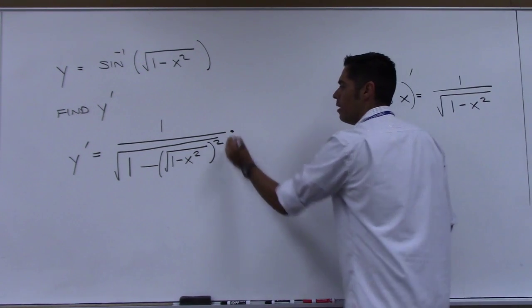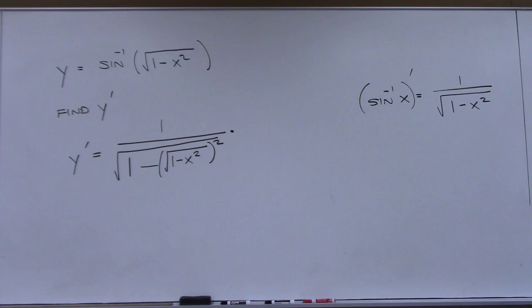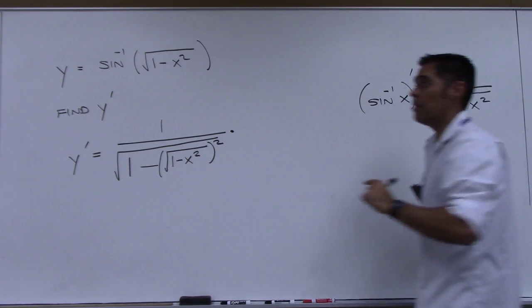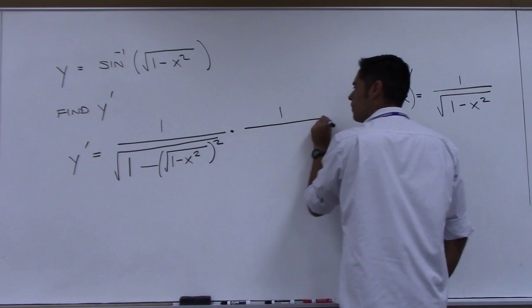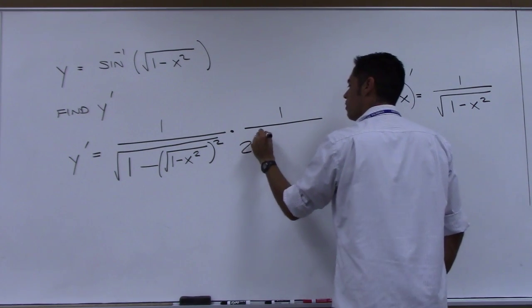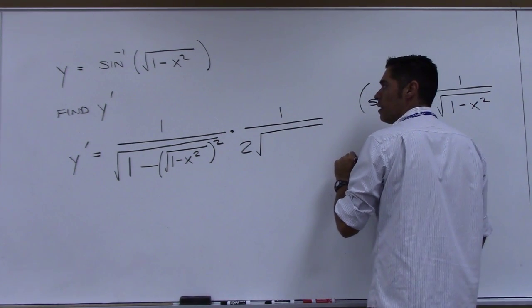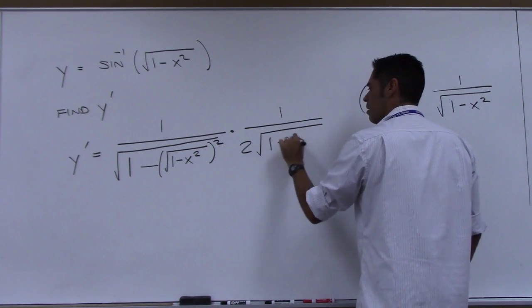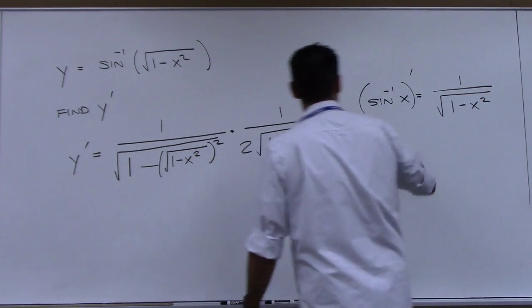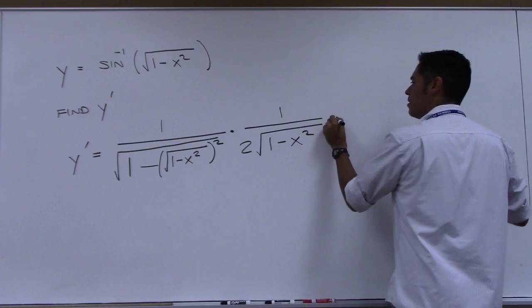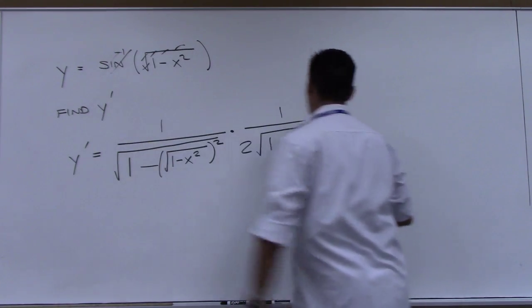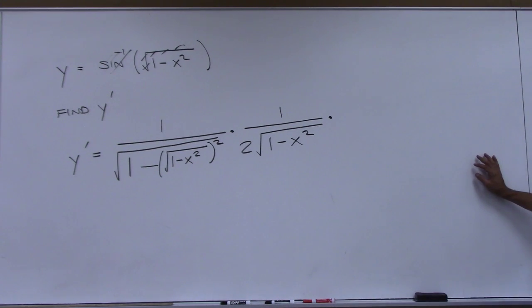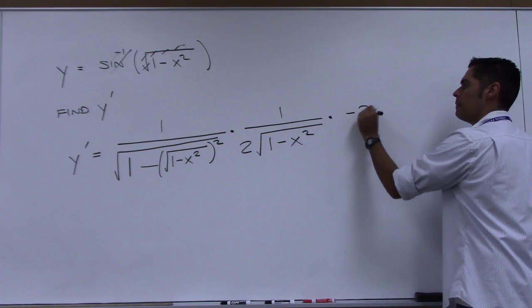Times, now what? So now we're taking care of the square root part inside, right? The derivative of the square root of something is 1 over 2 times the square root of that something. The something here is what? 1 minus x squared. Are we done? No, continuing the chain rule times, we've done the square root, right? We did the sine a long time ago. Derivative of what's in there? Negative 2x.